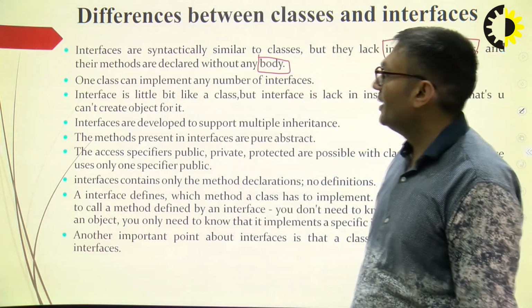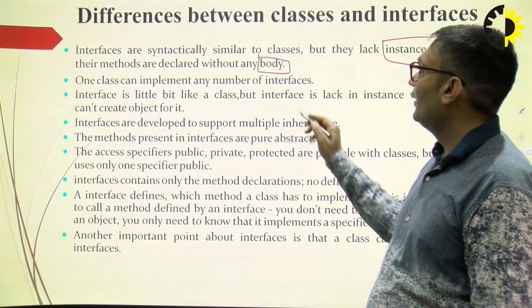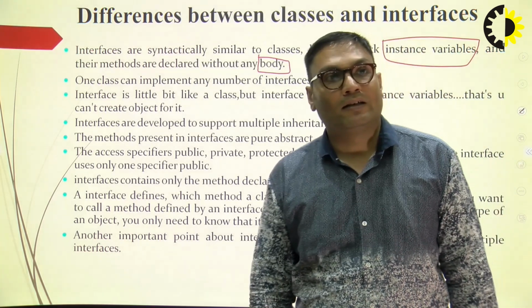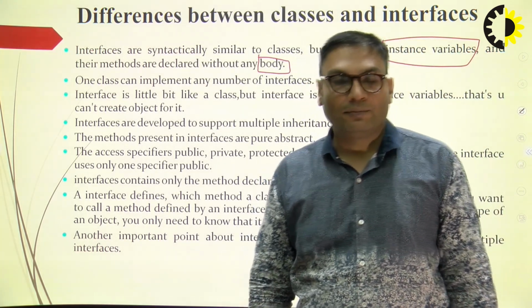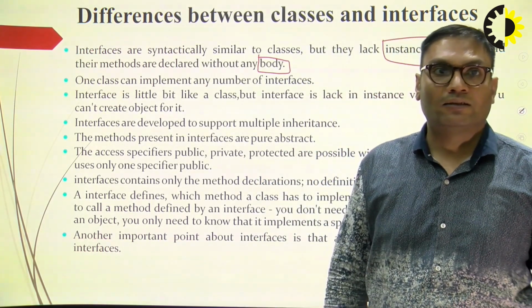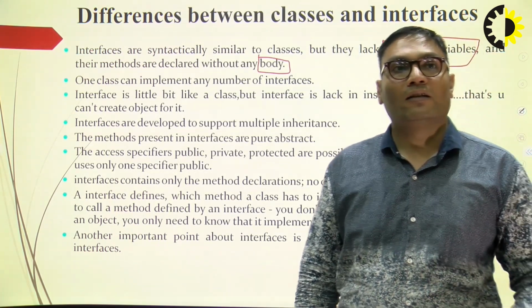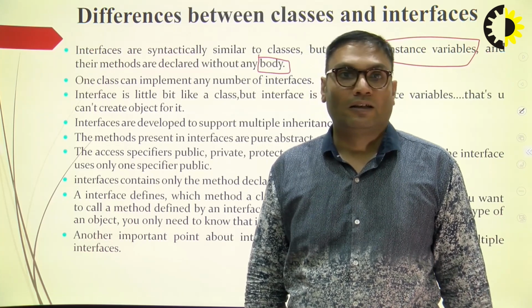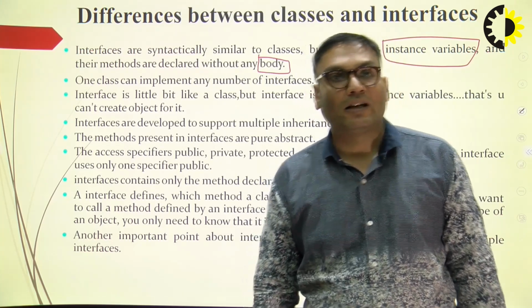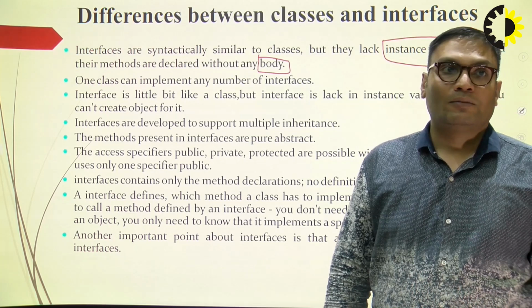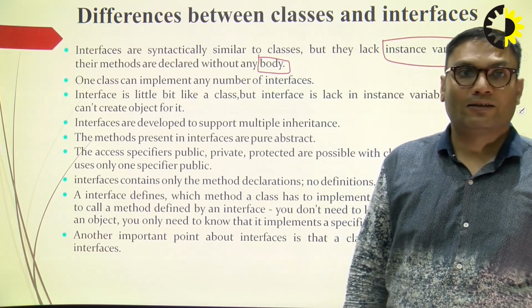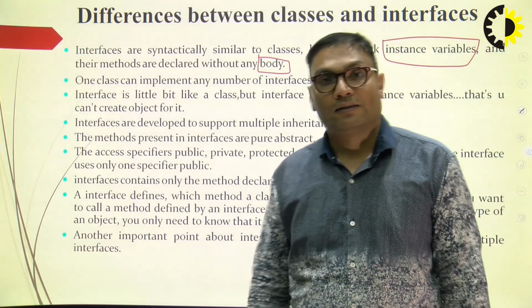A class can implement a number of interfaces. An interface can be implemented with the help of a class, and we can implement any number of interfaces. But in Java, we can't have multiple class extends in a single subclass.